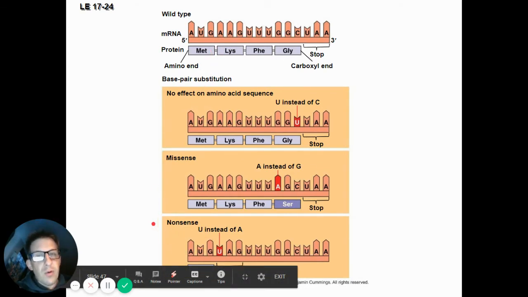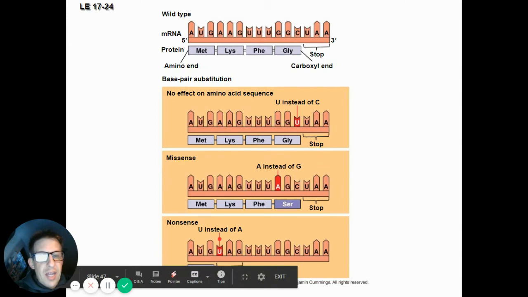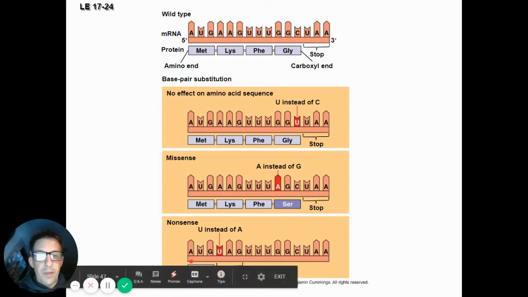Now, if we look at the codon chart, AAG up here codes for lysine. But if we look at the codon chart again, UAG says it codes for what's known as a stop codon. So if a stop codon is coded for at that particular spot, then the protein's just going to stop. It will truncate. So this protein that should have been 4 amino acids long is now 1 amino acid long. It got started and then it stopped.